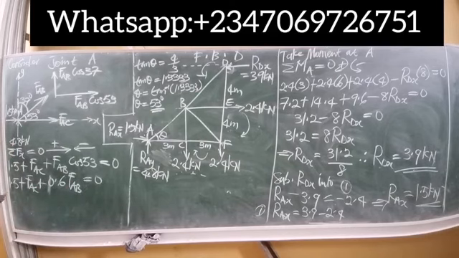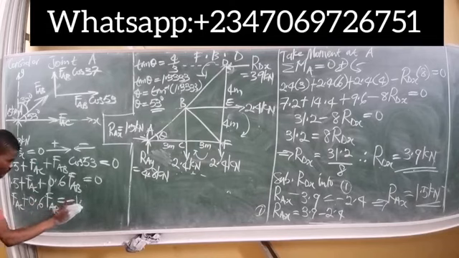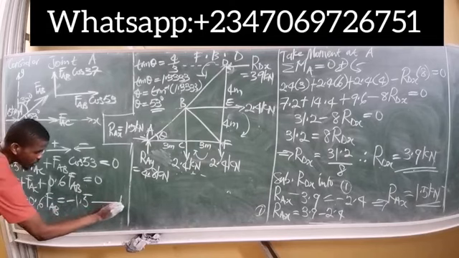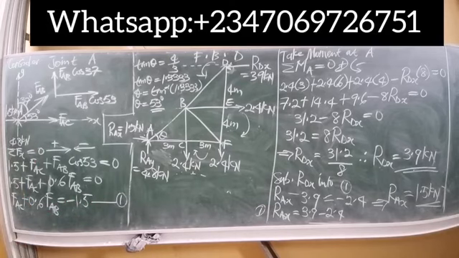So let's simply send 1.5 over to this side. A positive sign crosses the equal sign and becomes negative. So I'll simply have FAC plus 0.6 FAB equals minus 1.5. Simply call this equation 1, because we have two unknowns in that equation.